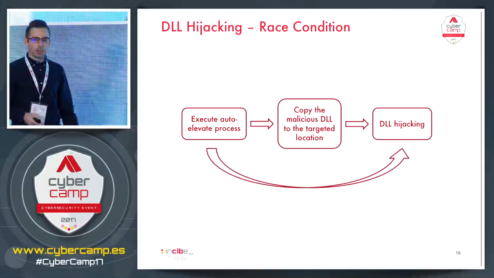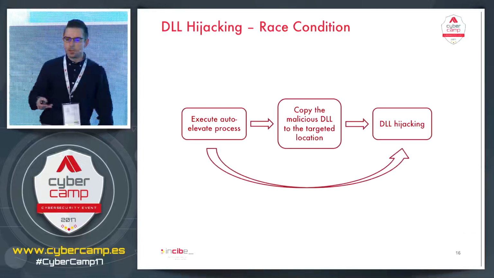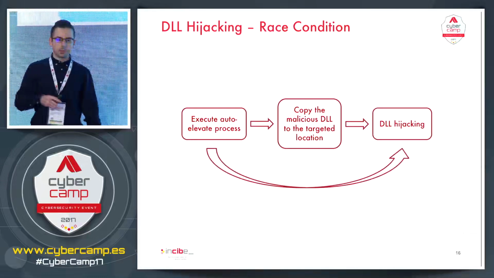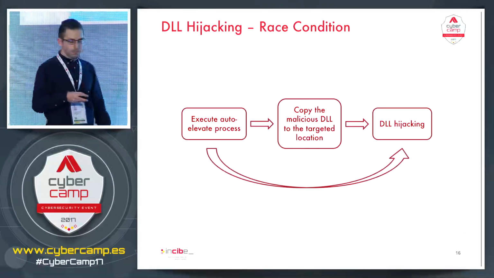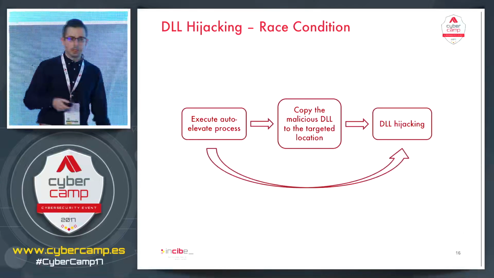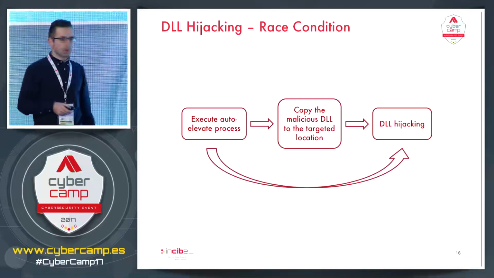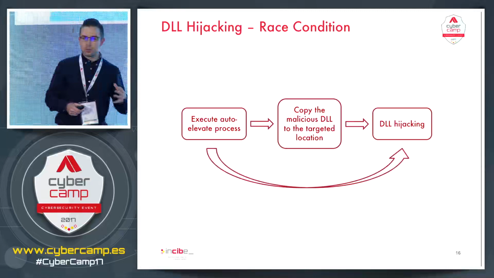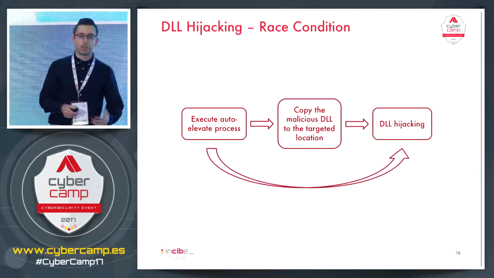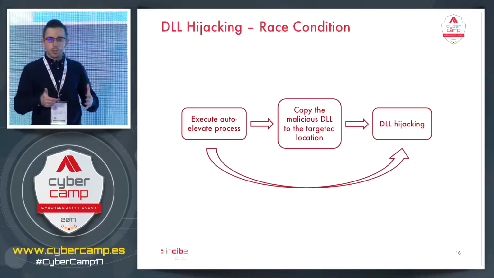I'm going to show you the proof of concept by Enigma with this screen up with a temporary file on which several DLLs were copied and also a process. This is all run with admin rights and maximum integrity level.